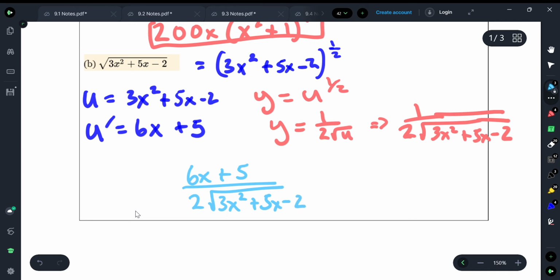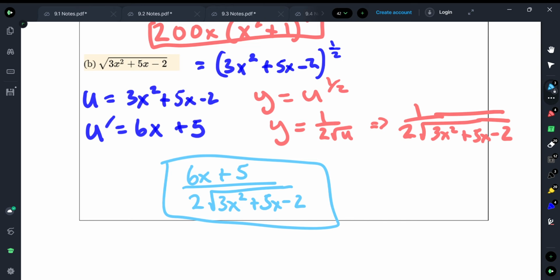All right, so this is my derivative. Look at that, because whenever you have the square root of a function inside, the derivative has this look, where the derivative of the inside is on the top, and the bottom is 2 times the square root of the inside function.